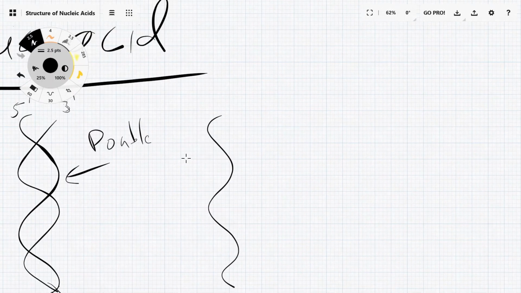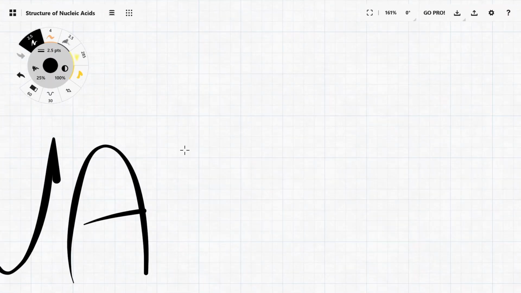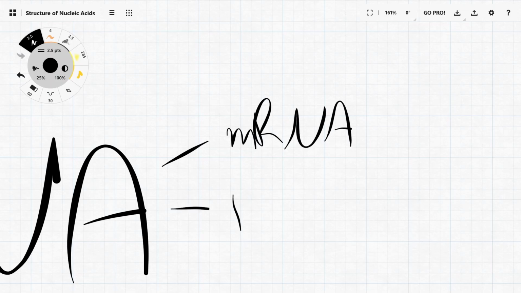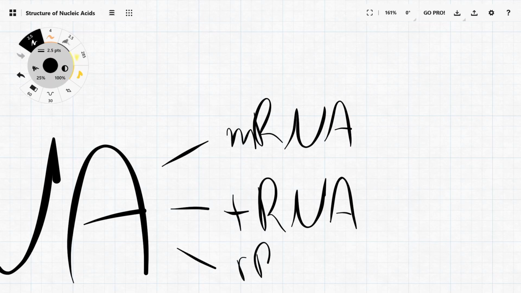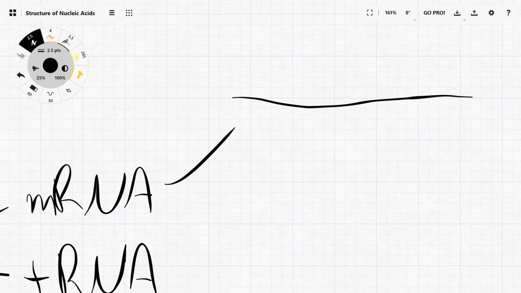Now, RNA. There are 3 primary types of RNA. There is mRNA, tRNA, and rRNA. So mRNA is a linear molecule, so it's a straight line. It also follows the same 5' to 3' notation that we use for DNA.